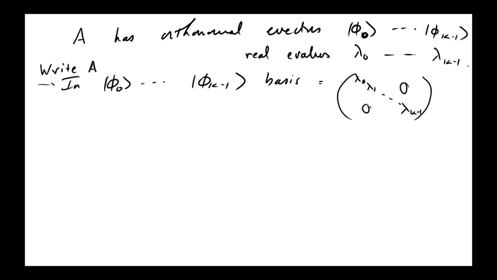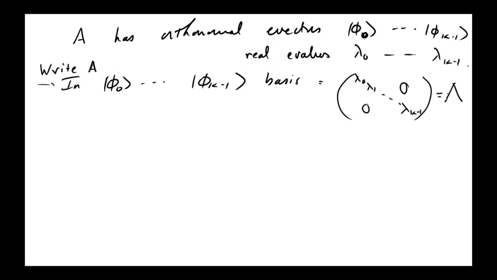It would be a diagonal matrix because all it does is it takes phi naught, and A multiplies it by lambda naught, and so on. So let's call this diagonal matrix capital lambda.